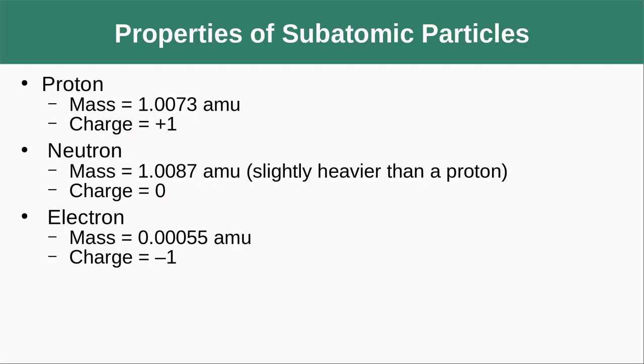It has a charge of +1. A neutron is slightly heavier at 1.0087 AMU. It has no charge on it. And an electron is much, much smaller at 0.00055 AMU, -1 charge.